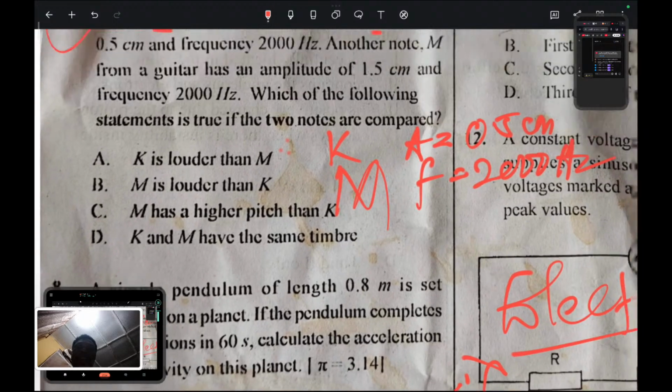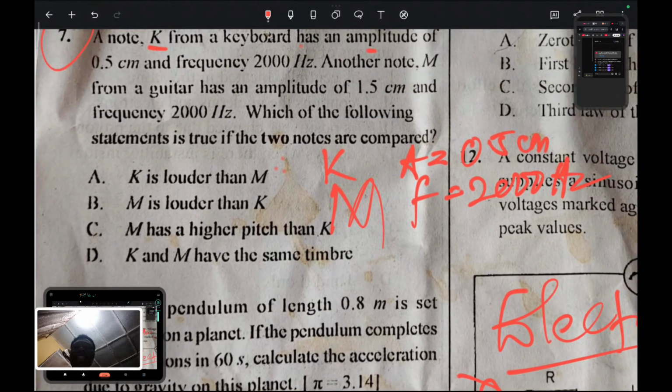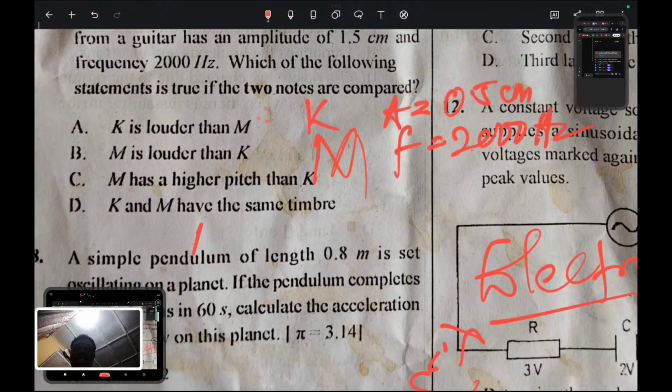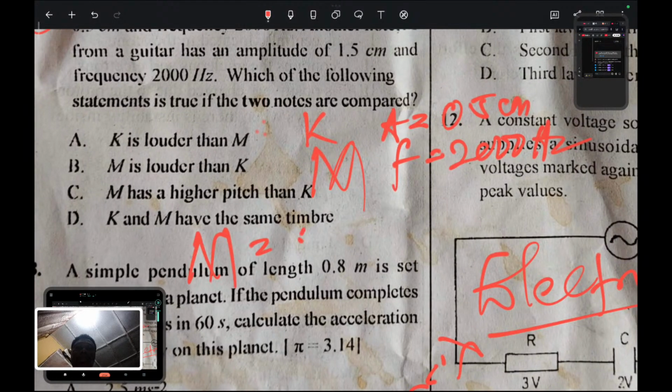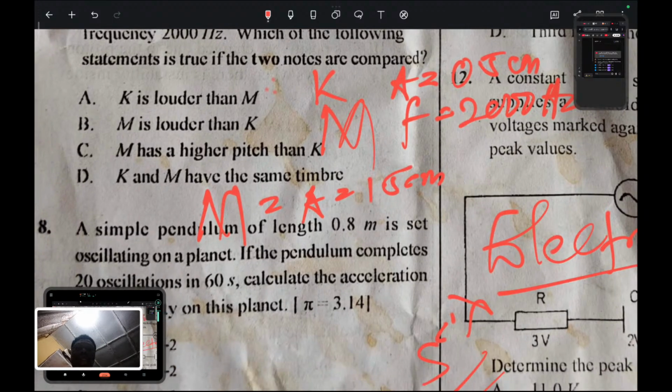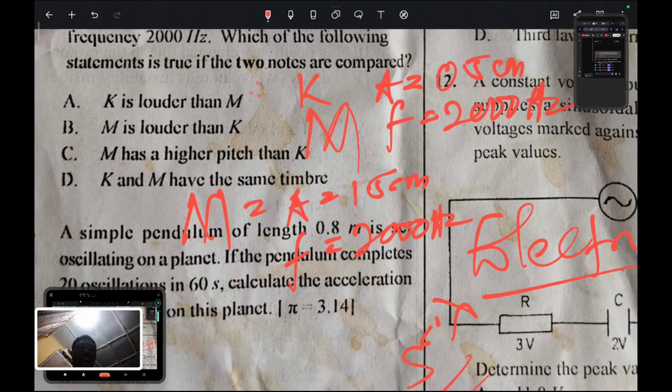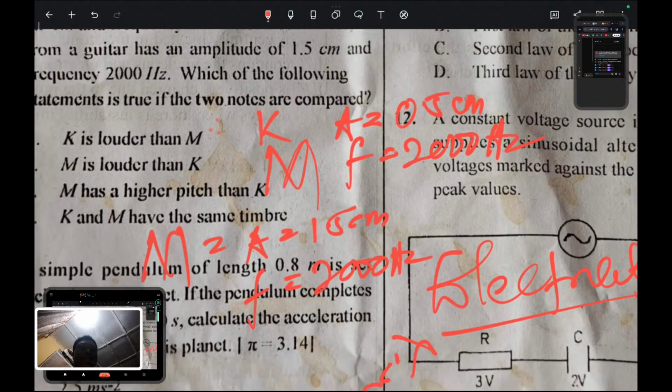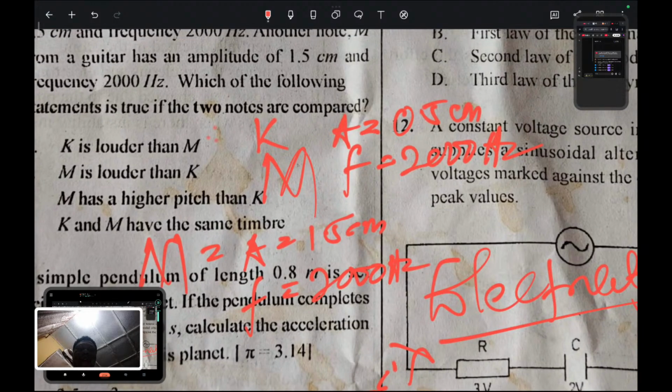Another note, we have another note called M. It has its own amplitude of 1.5 centimeters and frequency of 2000 hertz. What do you observe? Frequency is constant. Are you not seeing it? Then what happens to the amplitude? One is greater, the other is lesser.